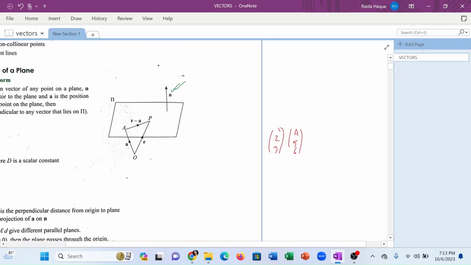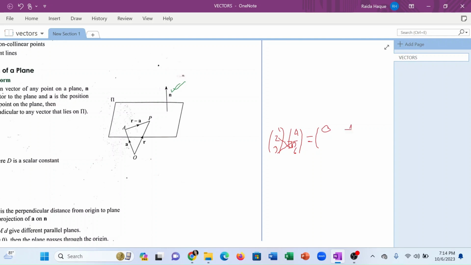So how do we find the product of these two? That is found by the scalar product. For the very first one, we multiply this and then we subtract this. So we go in a crisscross motion. So that is 2 into 6, 12 minus 15.